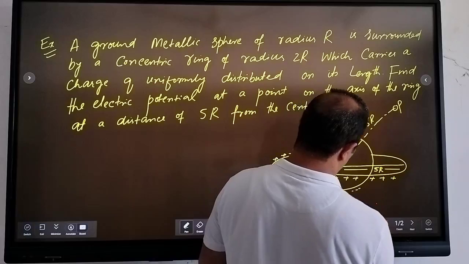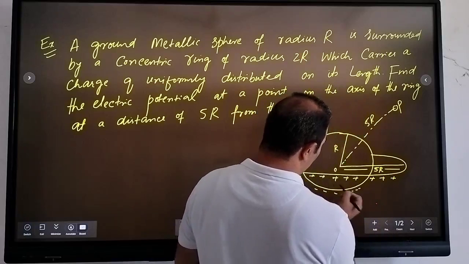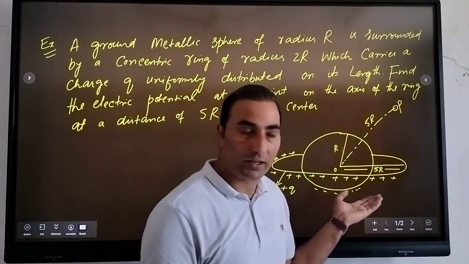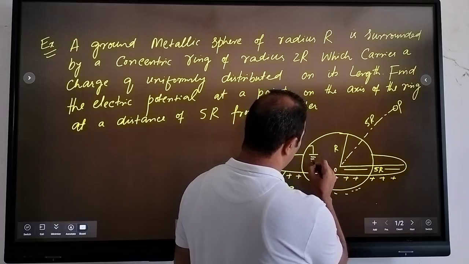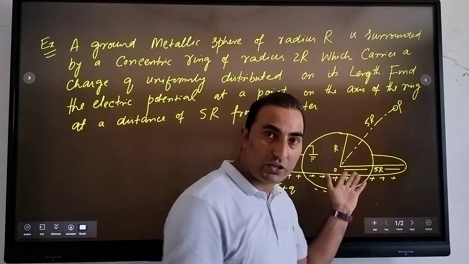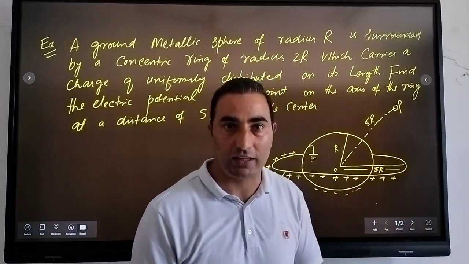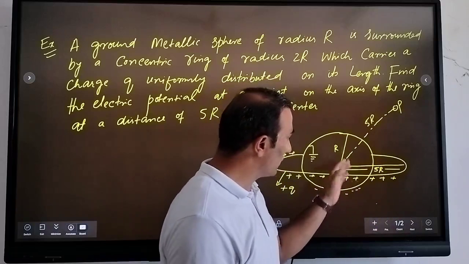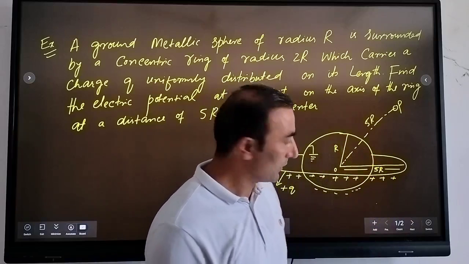Okay, so there will be some negative charge on this and positive charge will be on the inner side of this conducting sphere, and this we are going to ground. तो उससे क्या होगा, जो हमारा पॉजिटिव चार्ज होगा, वो ग्राउंड होगा, and the net charge, which we call the induced charge, will be negative on the upper surface of that conducting sphere, right? And positive charge goes to ground.